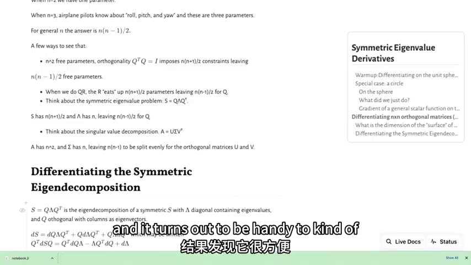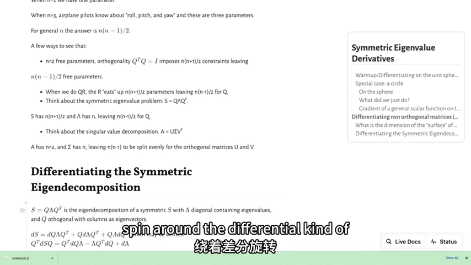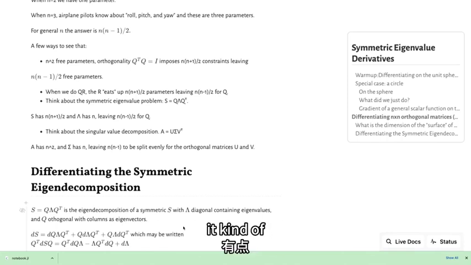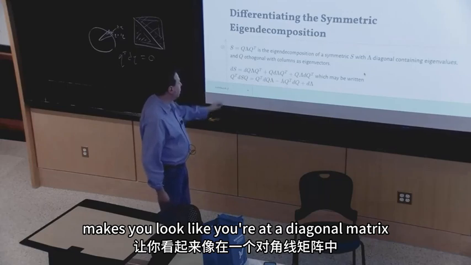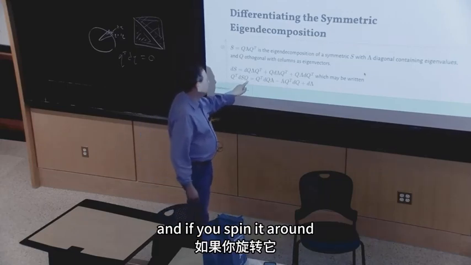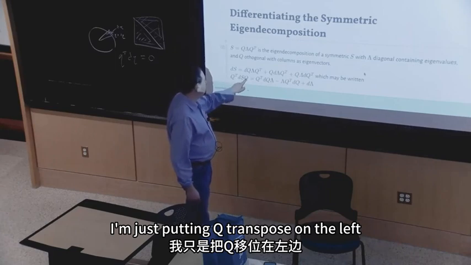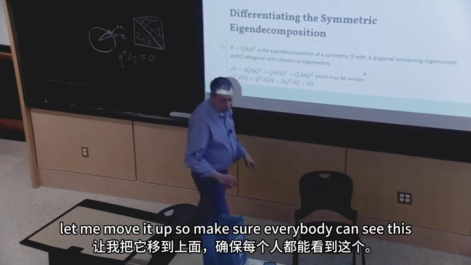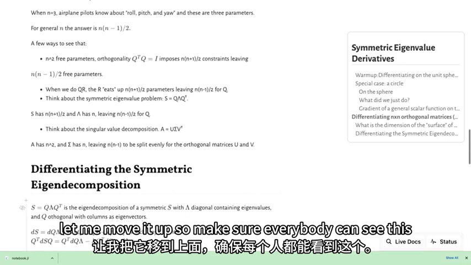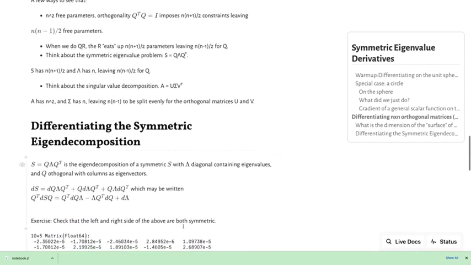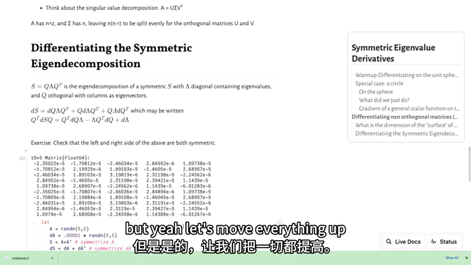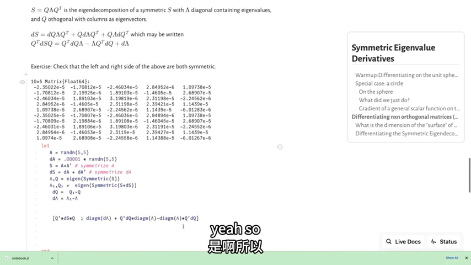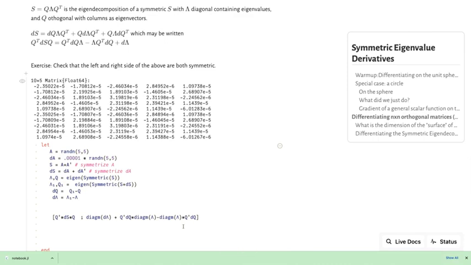It turns out to be handy to spin around the differential, which makes it look like a diagonal matrix. If you spin it around, I'm just putting Q transpose on the left and Q on the right.